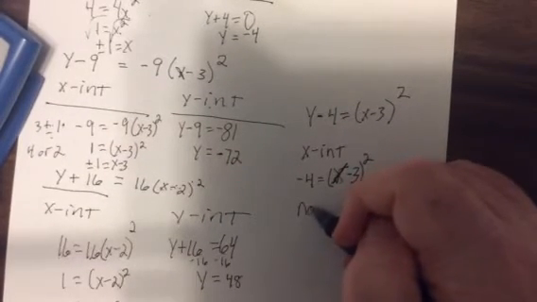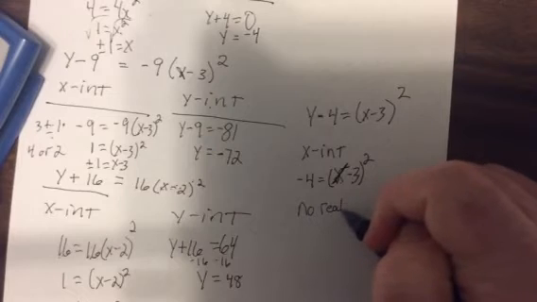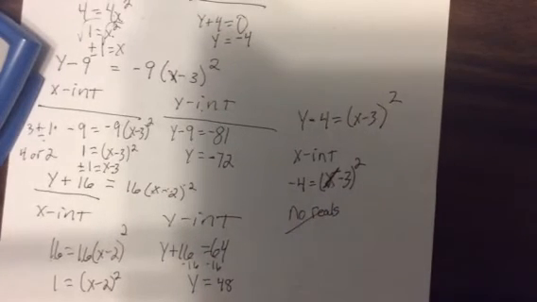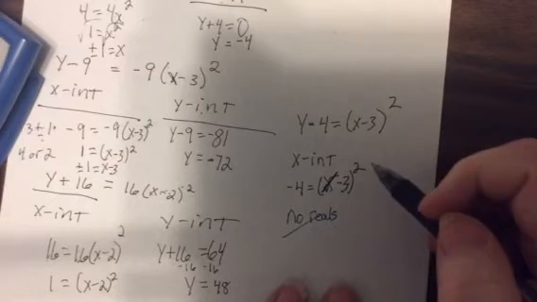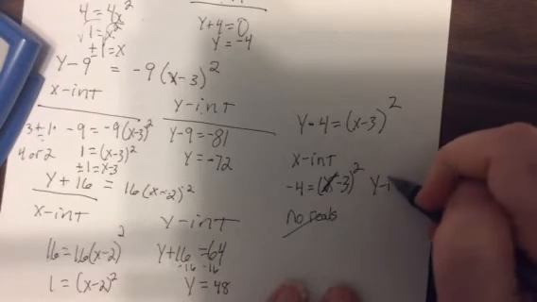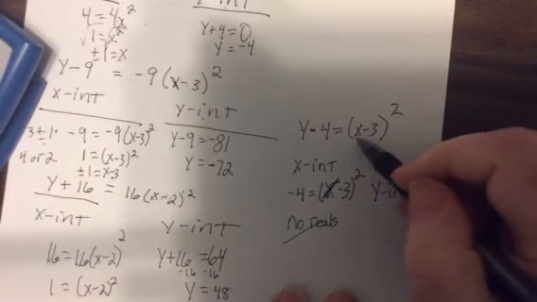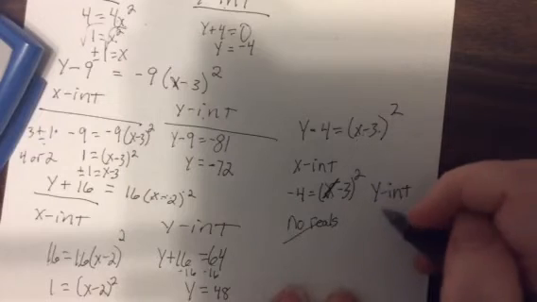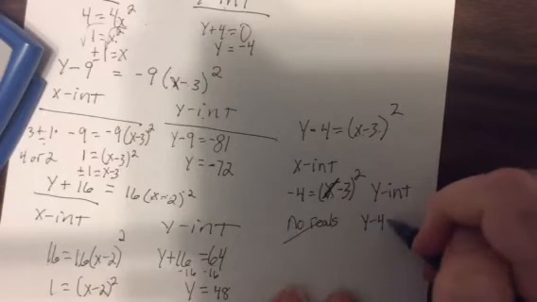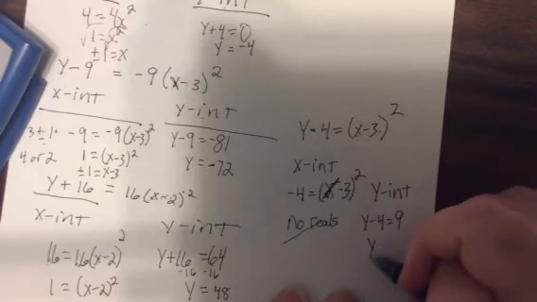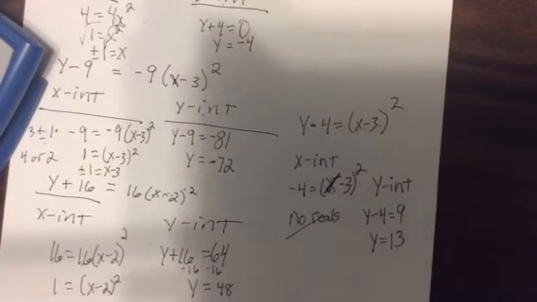You can't take the square root of a negative. So no reals, and no reals means there's no x-intercept. Still a y-intercept, though. 0 minus 3 is negative 3, squared is 9. So y minus 4 equals 9. Add 4. The y-intercept is 13.